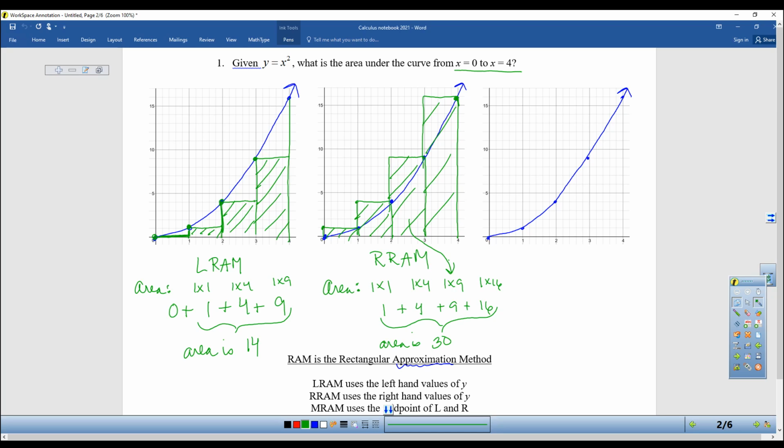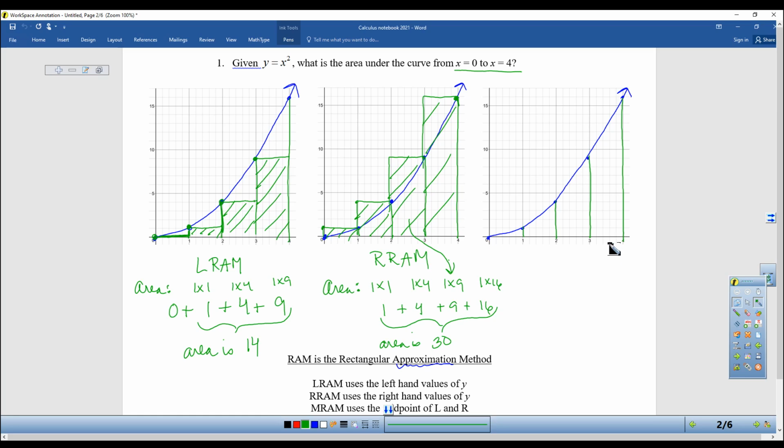But eventually, somebody said, I know, I'm still only going to do 4 rectangles. How can you do only 4 rectangles and actually have a stunningly awesome estimate? You can make the height of the rectangle at the midpoint.